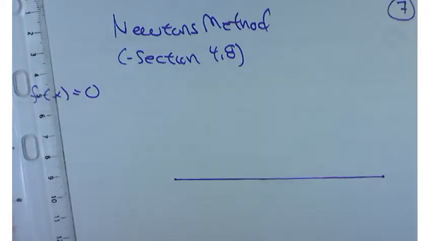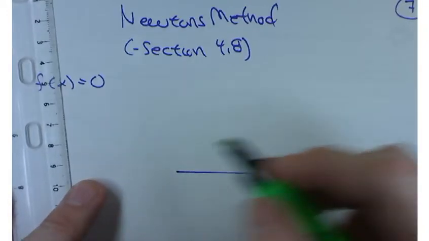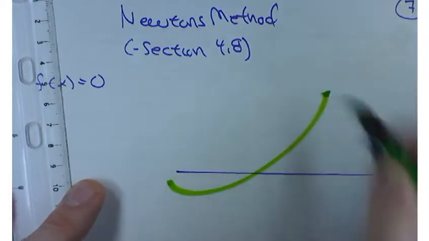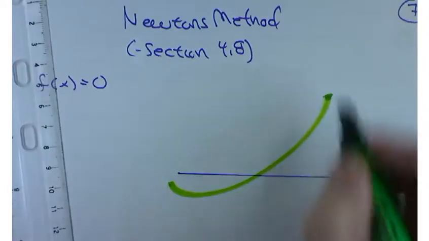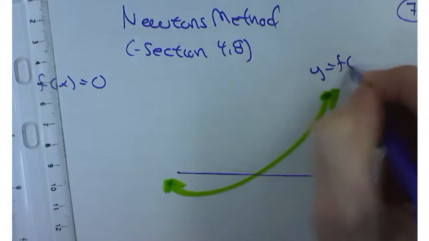So let me give you a graphical idea of what we're doing with Newton's method. We're trying to solve for where a function crosses the x-axis, that is, equals 0. So here's your f of x, y equals f of x.